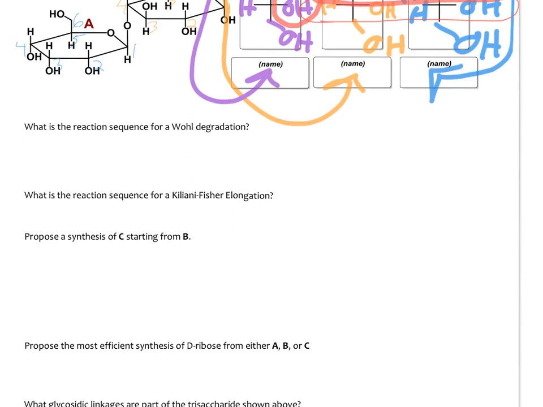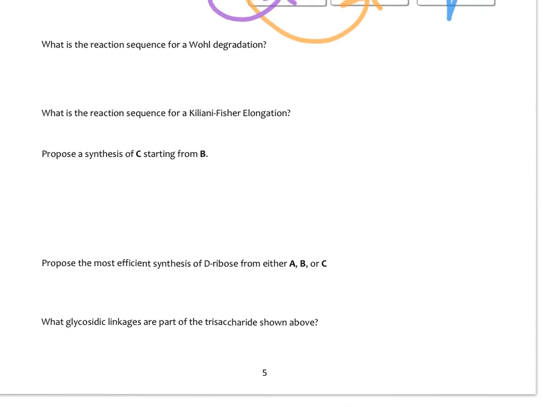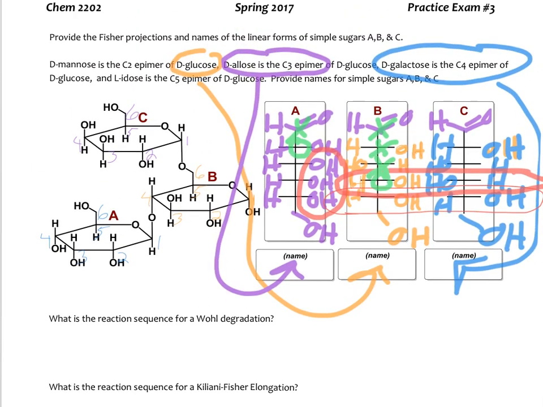What glycosidic linkages are part of the trisaccharide shown above? This is another good reason to number the carbons at the beginning. Remember, glycosidic linkages are anomeric bonds to something other than OH. So let's go with blue.